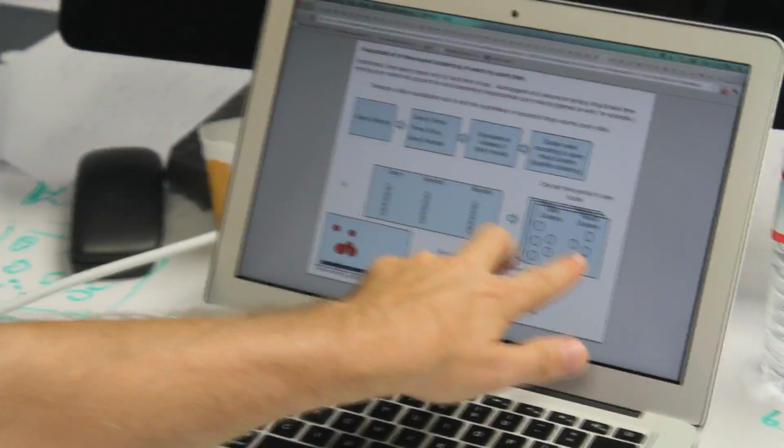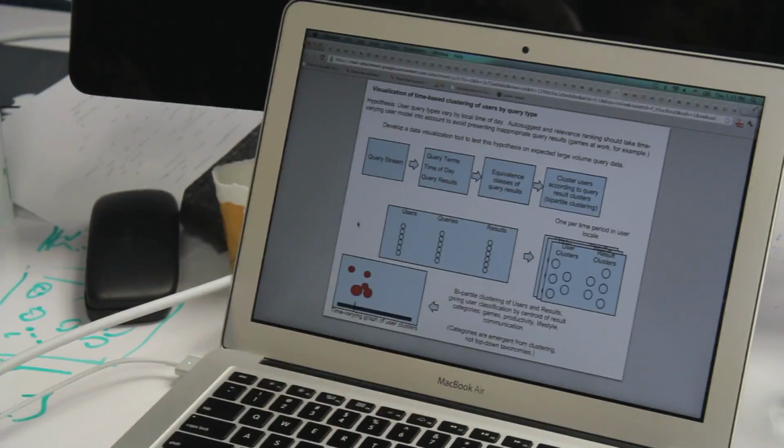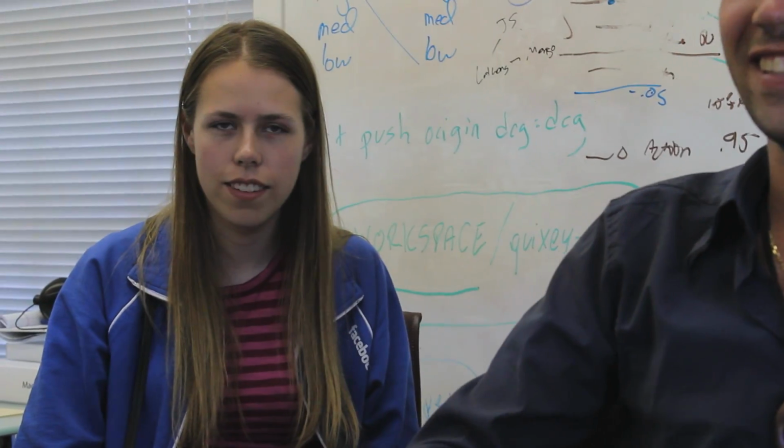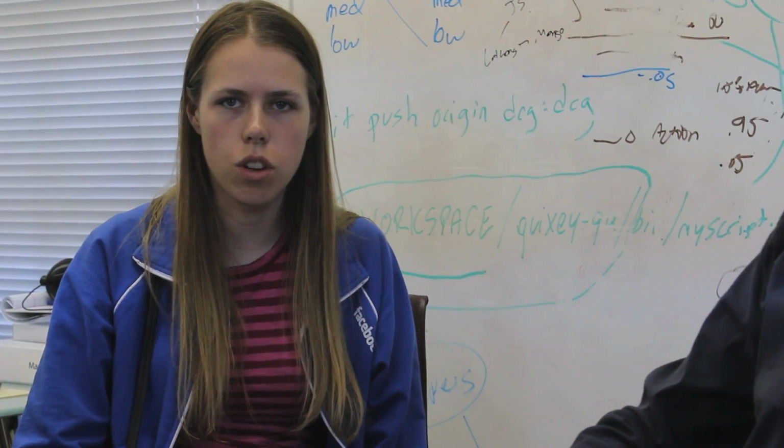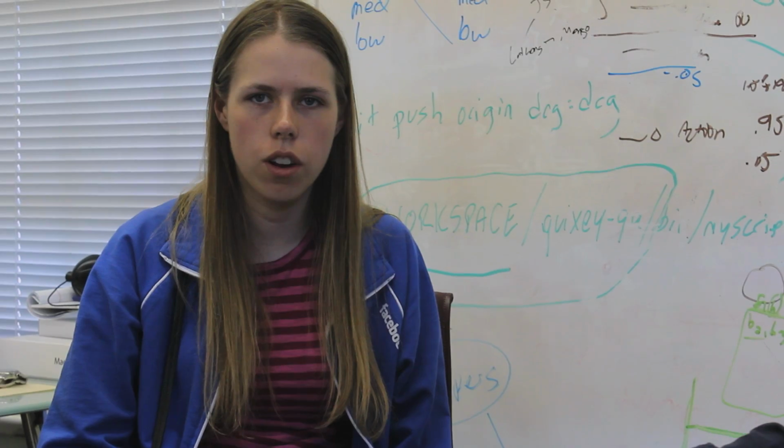We're getting a query stream and clustering it, and then we're going to see how that varies over time, and then we're going to make pretty pictures out of it. We're working on a visualization tool to show where in the world our queries are coming from. We're working on getting data from Twitter to use for, given an app and possibly a query, find out what people on Twitter are talking about.